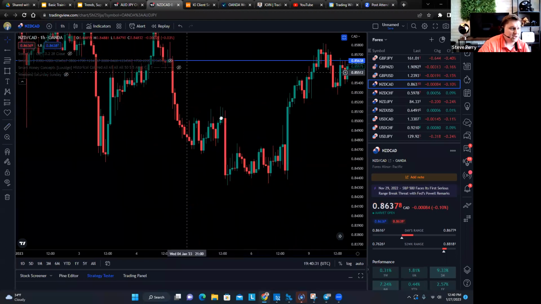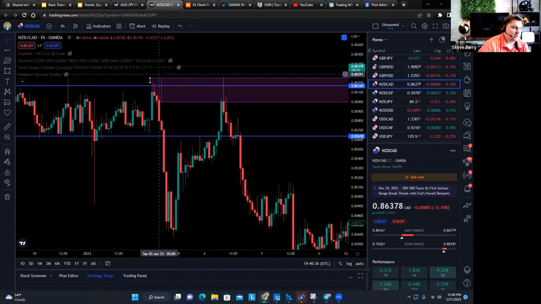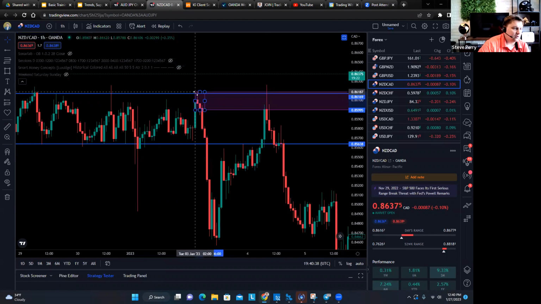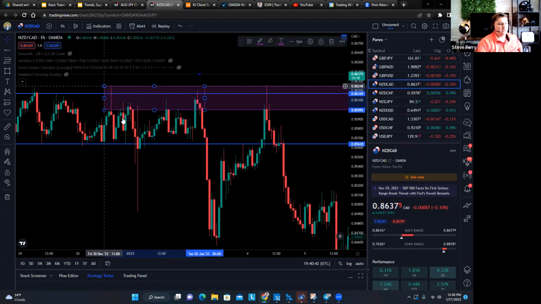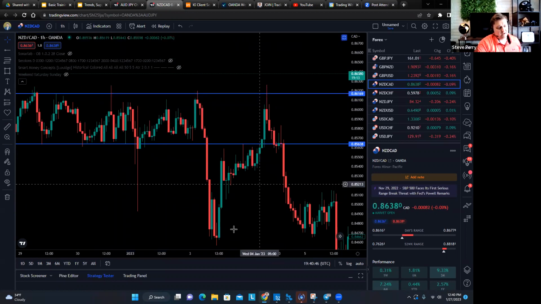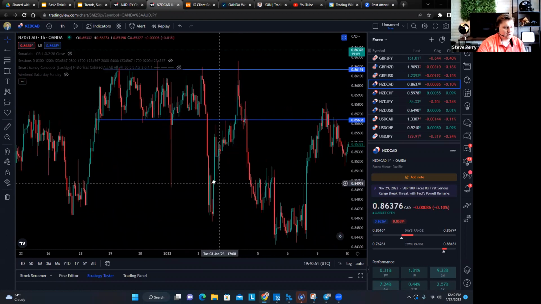And sure enough, it did come down. Unfortunately, I probably would have stopped out because I would have had my stop either above this wick or above this wick, and either way I would have barely stopped out. So that kind of stinks. But the concept is still there. And even if you hit a loss here and there and you do it right, I'd say you're still good.